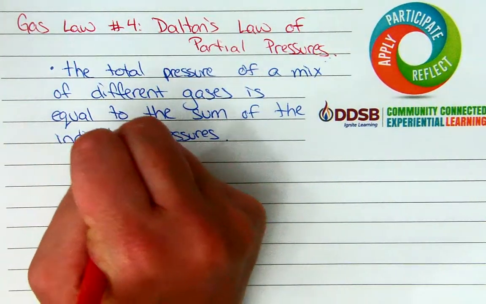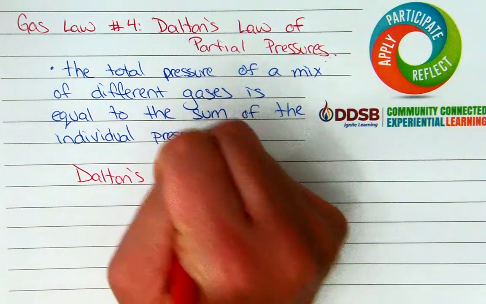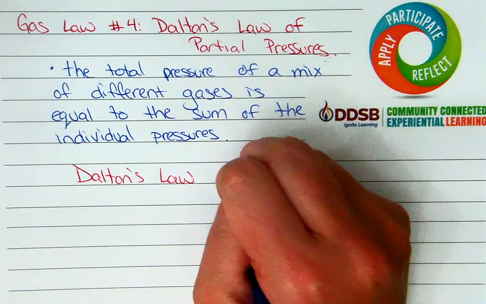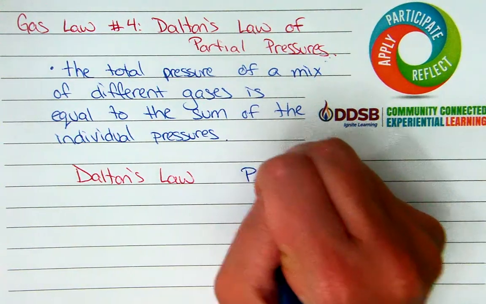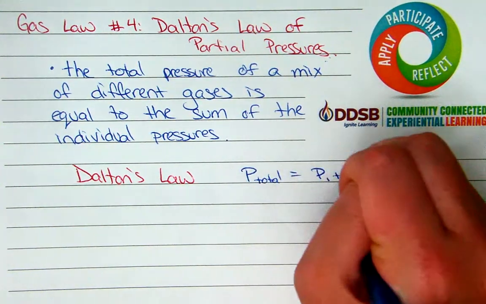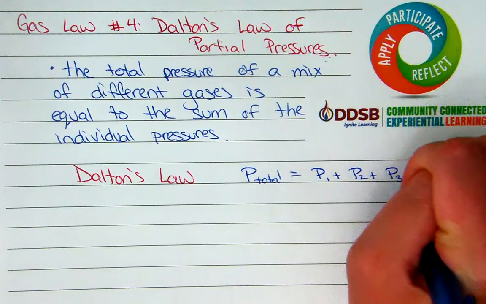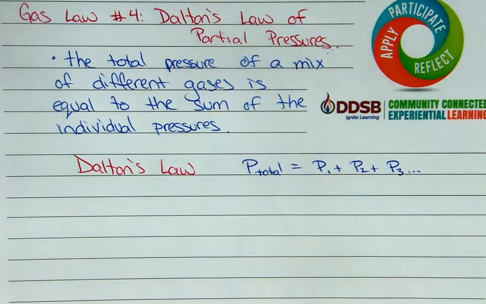In formula form, Dalton's law of partial pressures, the total pressure is equal to P1 plus P2 plus P3 and on and on and on.